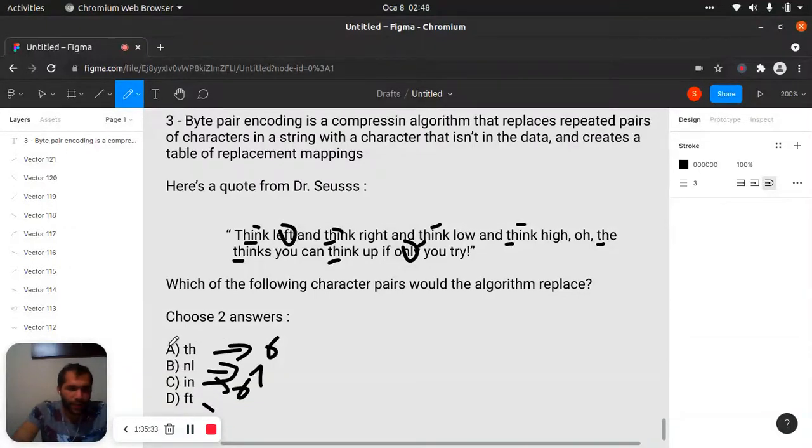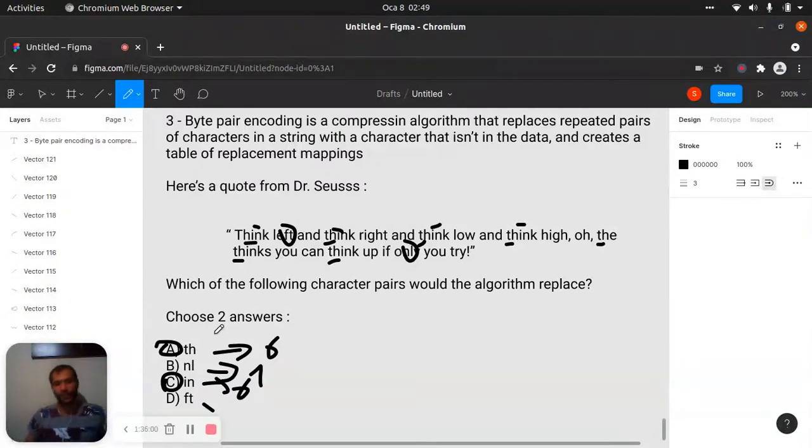The solution here is "de" and "in". Which of the following character pairs would the algorithm replace? The "de" and "in". We can implement Huffman coding on them because they recur too many times in the sentences from Dr. Seuss.